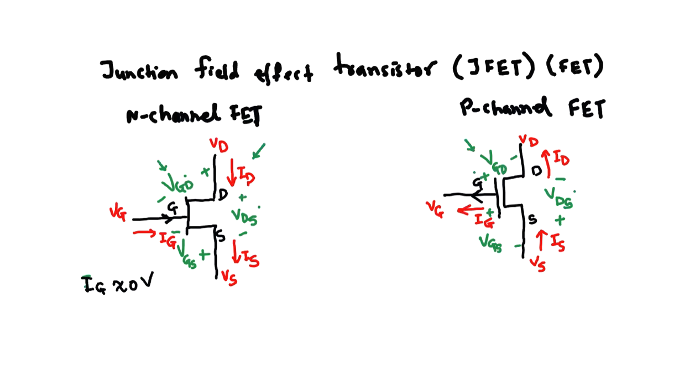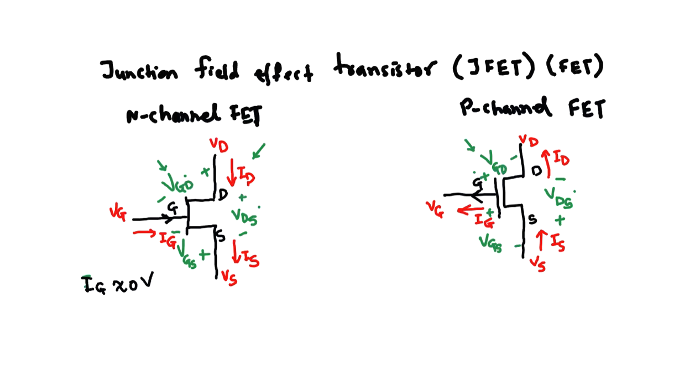If you want to make the FET work in its normal region, your gate to source voltage is reverse biased. And in that case, IG is the gate current at 0 volt of VGS, the gate to source voltage.